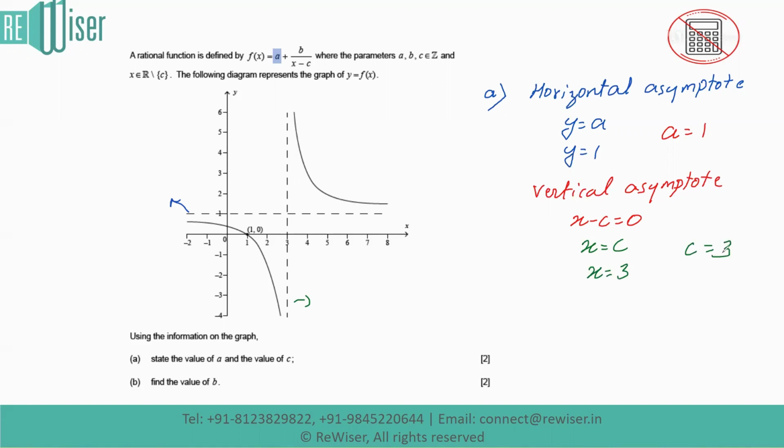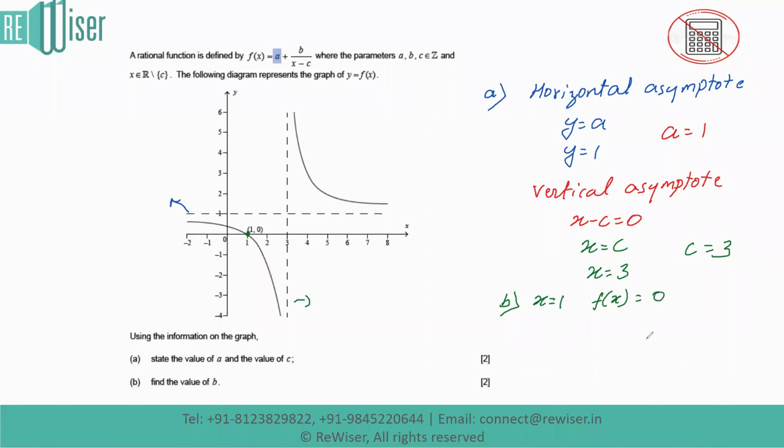Next, in order to get the value of b, let us substitute this information, including this point (1, 0). This means when x is 1, the value of f of x is 0.